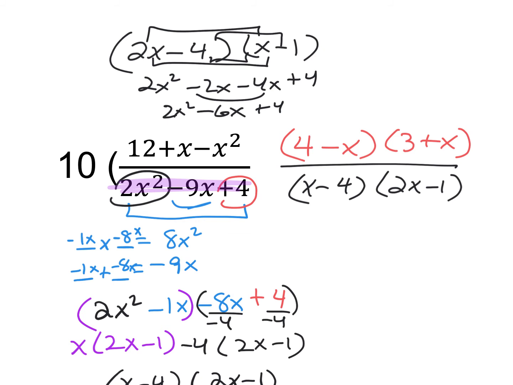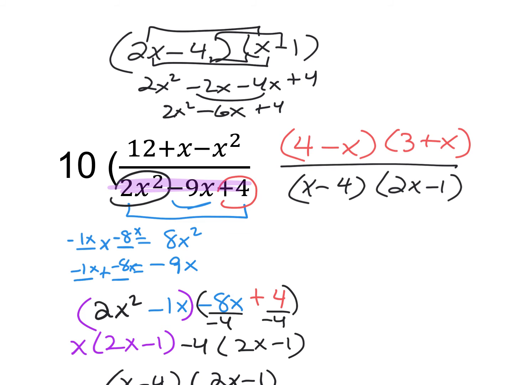So, first glance, you're going to say, wait a minute, nothing cancels here. But look at the first two. Look at these guys right here. Notice how the 4 and the x are both opposite signs. So what I can do here is pull out a GCF out of either the top or the bottom.